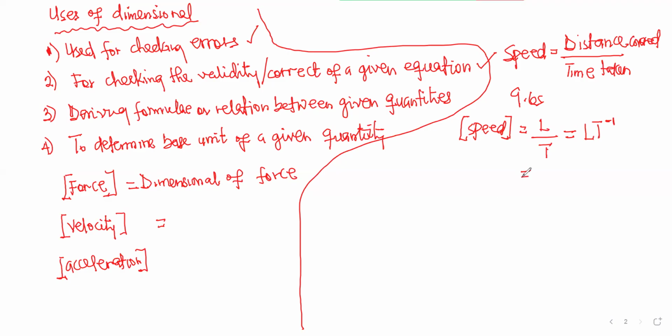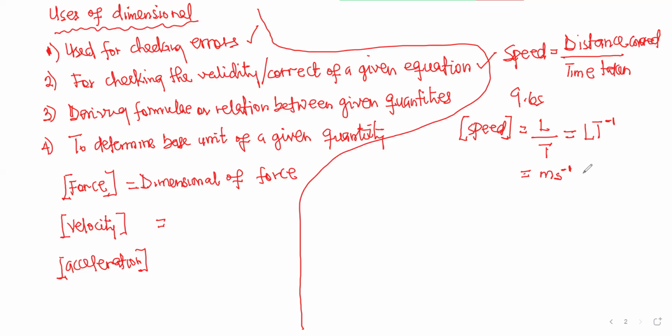We can use this to determine the SI unit of speed. The L represents length or distance. SI unit of length is meter. The capital T represents time. SI unit of time is the second. So we have m s raised to the power negative 1.